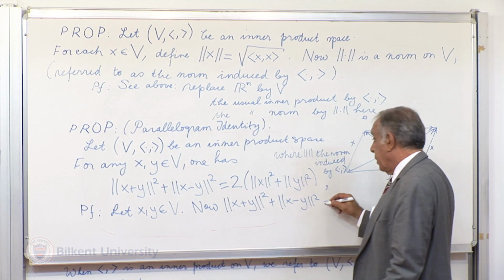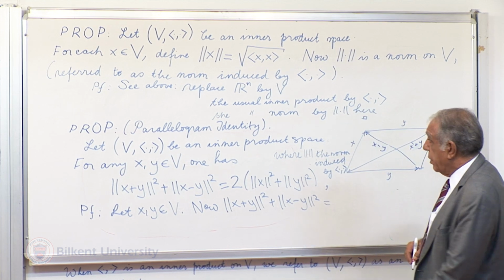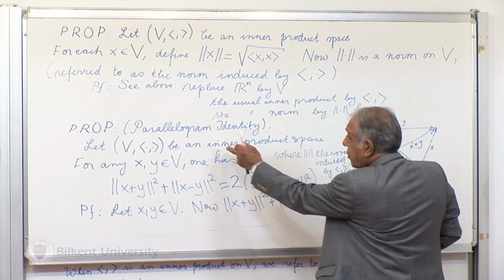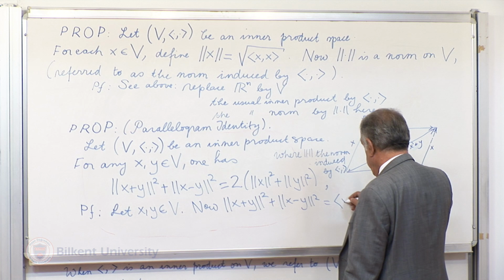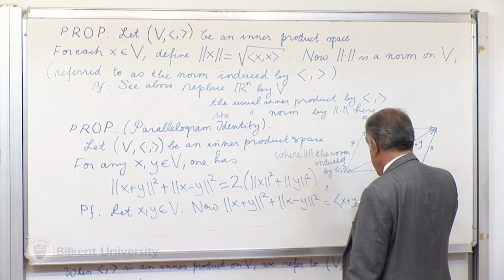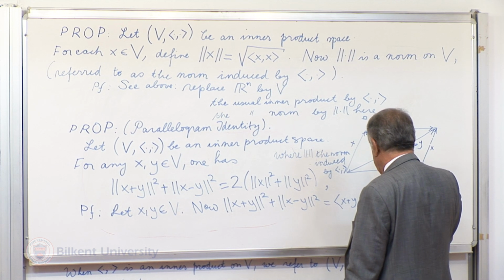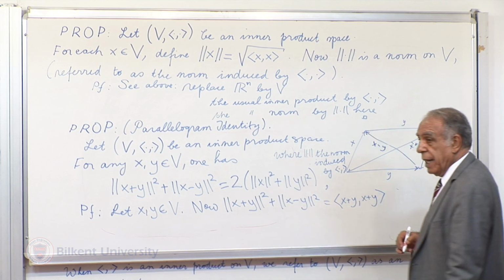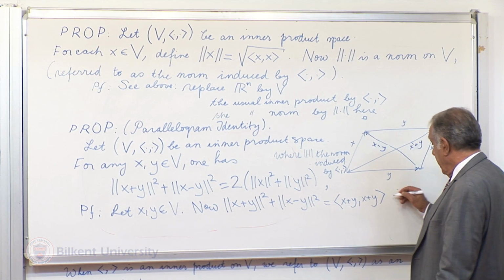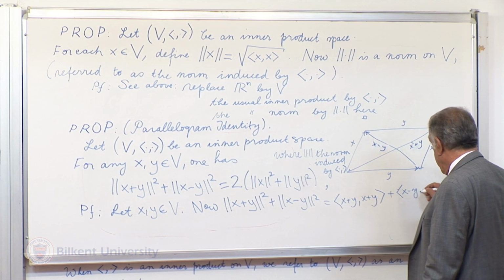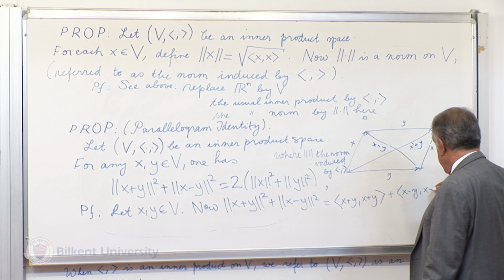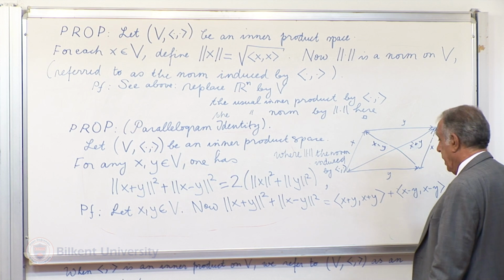Okay, this is equal to what? Now, since this is induced by this, now this is just the inner product of x plus y with x plus y, plus the inner product of x minus y with x minus y.